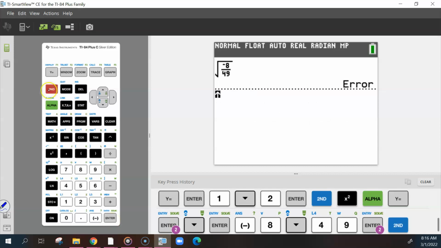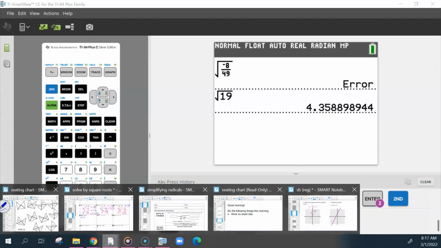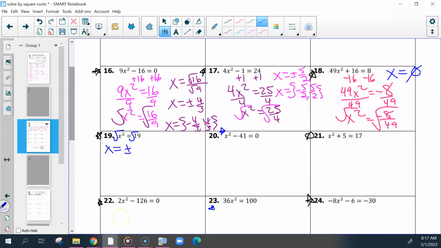So you would put in your square root of 19. Right about 3 decimal places. So 4.359, you can round. And then we would do the negative and positive versions of that.